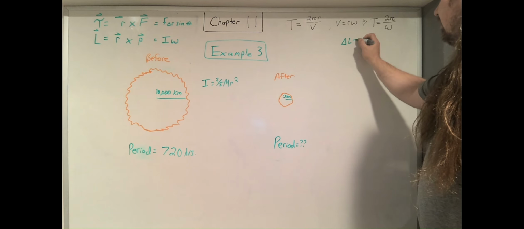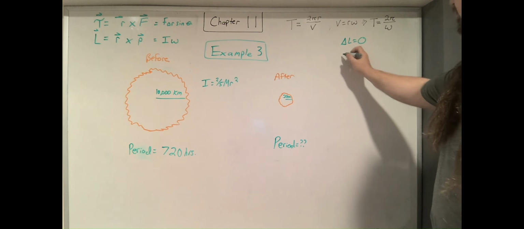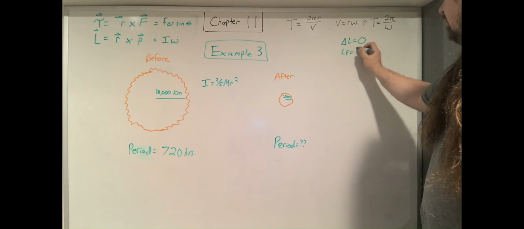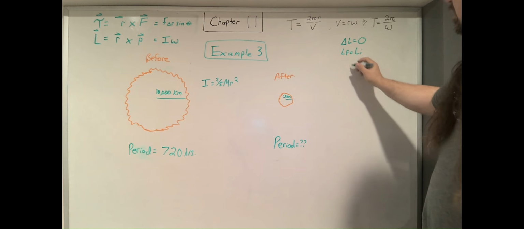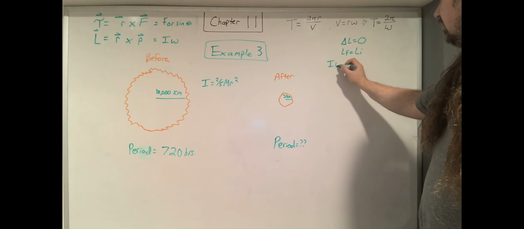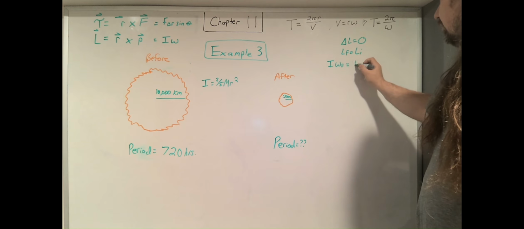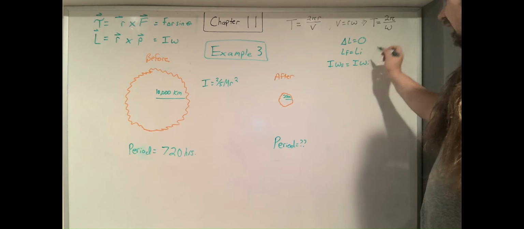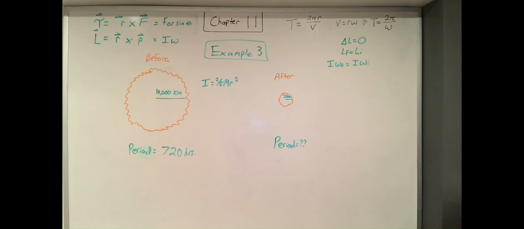which means the change in L is going to be 0, which means L_F is equal to L_i, which means I omega_F is equal to I omega_i. Okay, finals and initials. The moment of inertia was given.